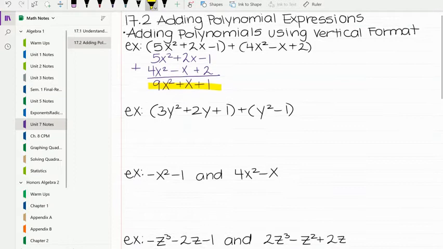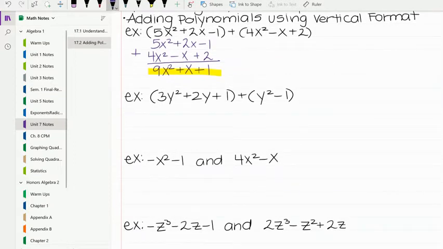All right, let's go ahead and try the next one. So I have 3y squared plus 2y plus 1, plus the y squared will go here. The negative 1 will actually go at the end, right? We wouldn't want to add that to the 2y because that's not a like term. So we have 3y squared plus y squared, which would be 4y squared.